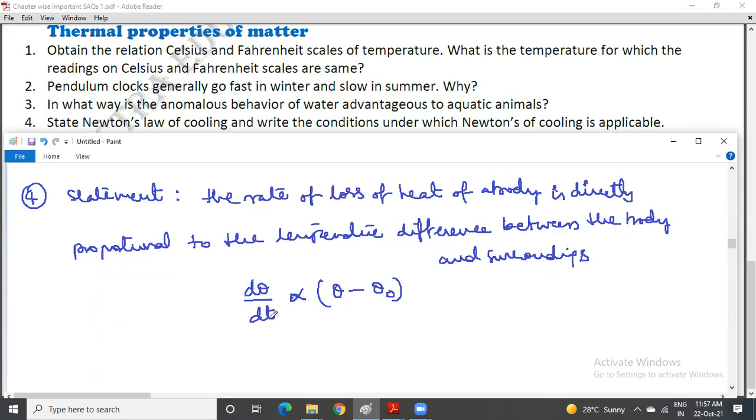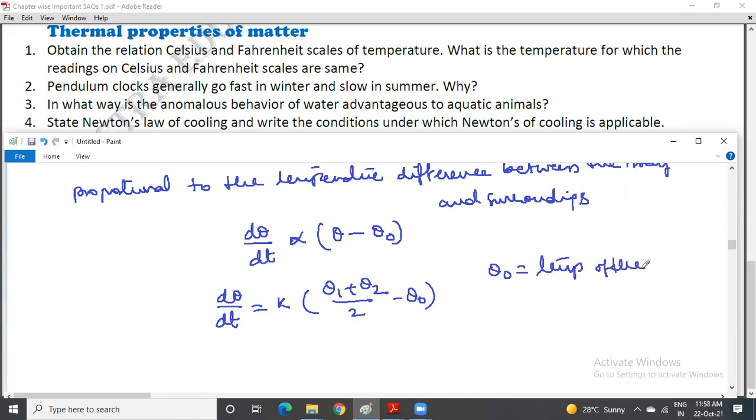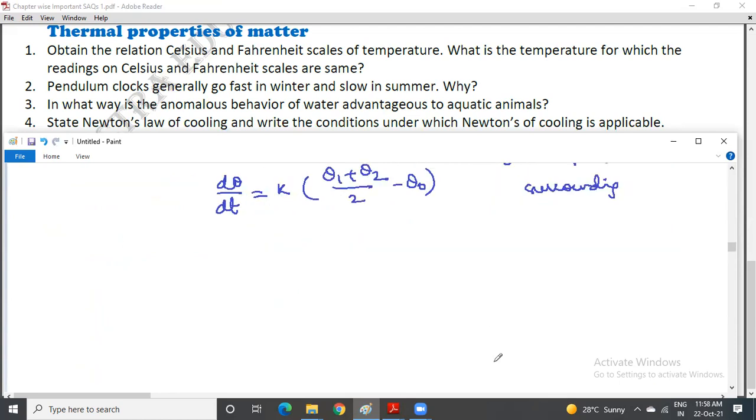Even you can write this equation as d theta by dt equals k times theta minus theta naught, where theta is the average temperature of the body, theta 1 plus theta 2 by 2, and theta naught is the temperature of the surrounding. Next, write the conditions under which Newton's law of cooling is applicable.